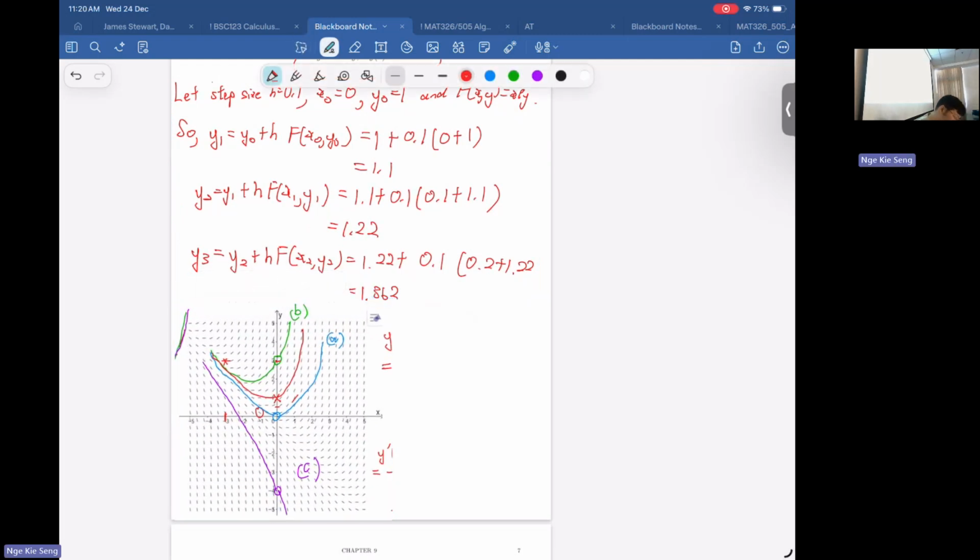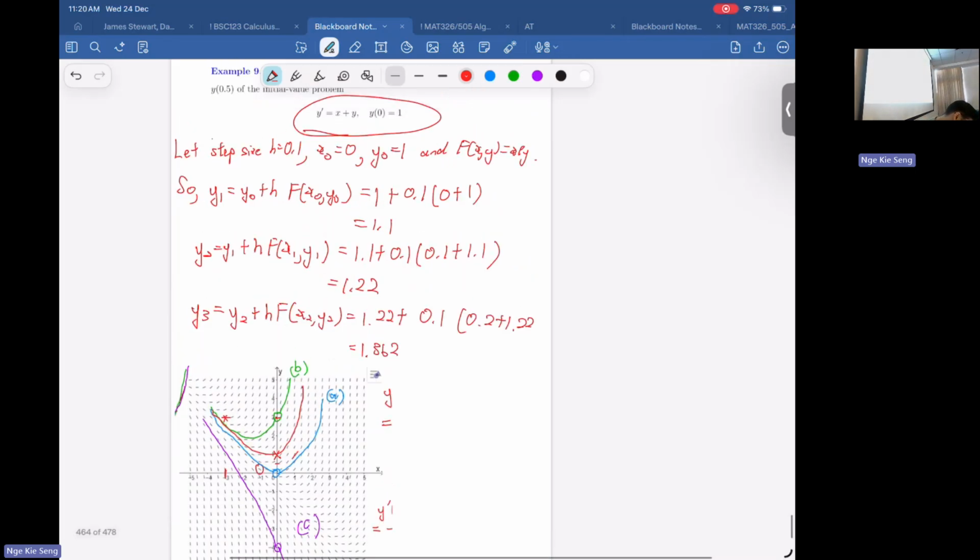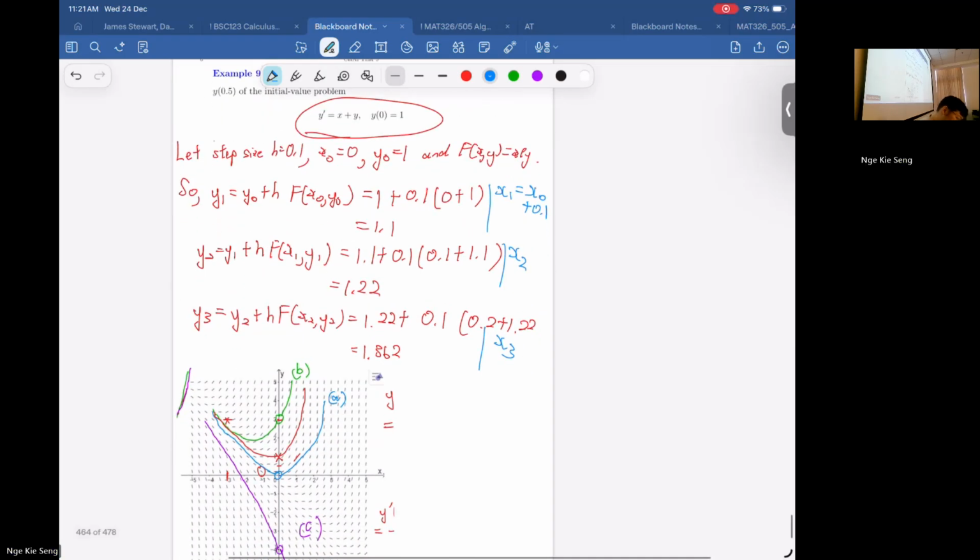Okay, so let's check. We need to figure out x1, x2, and x3, right? So x1 is x0 plus 0.1, which means 0 plus 0.1, which is 0.1. x2 is x1 plus 0.1, which is 0.1 plus 0.1, which is 0.2.